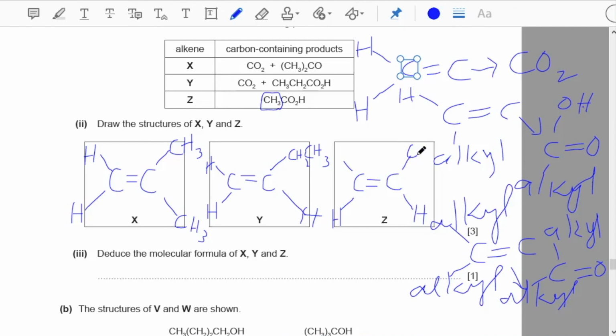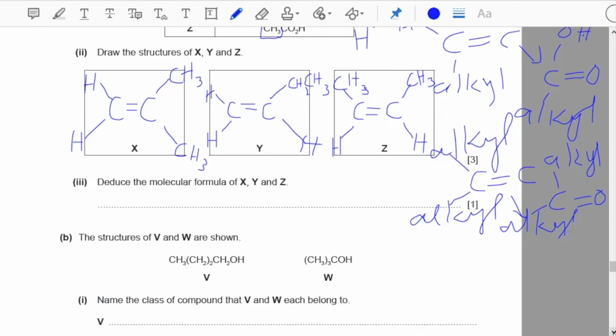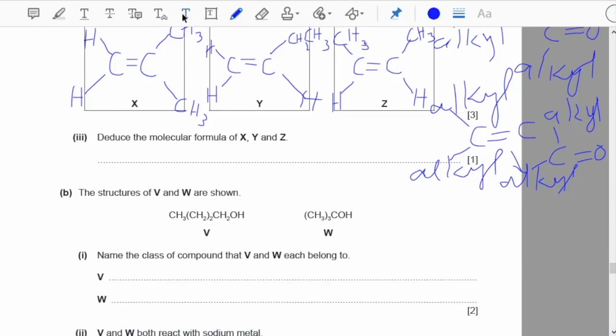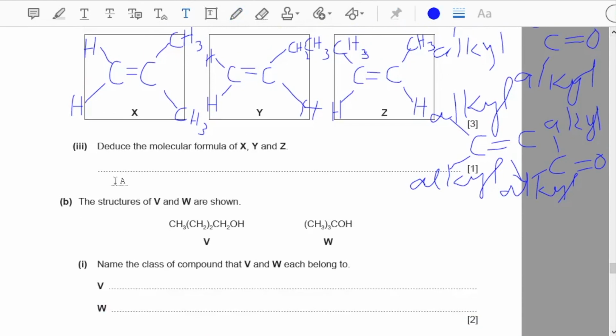So CH3 and over here CH3. All right. Part 3, deduce the molecular formula of X, Y, and Z. They all have 4 carbon atoms and 8 hydrogen atoms.